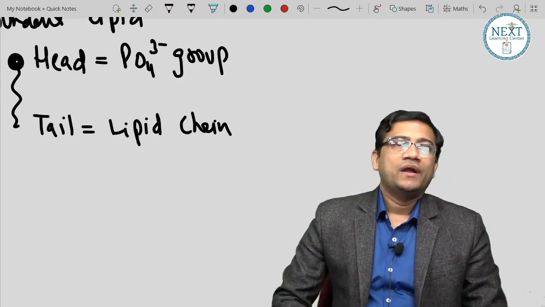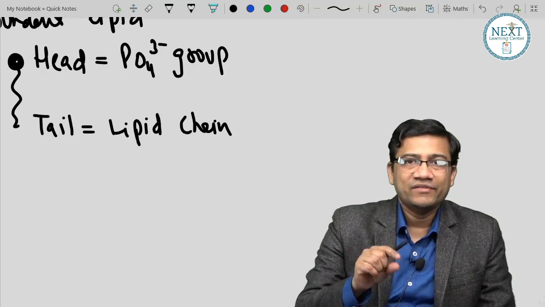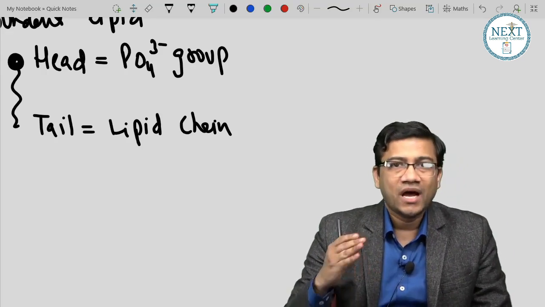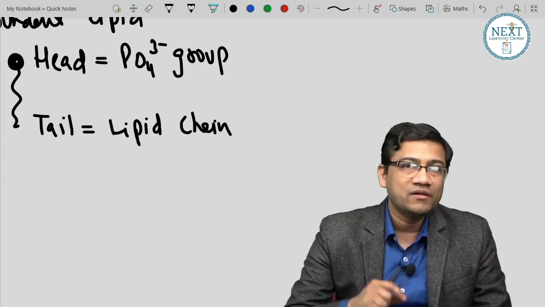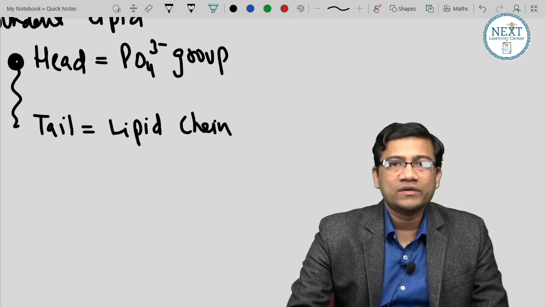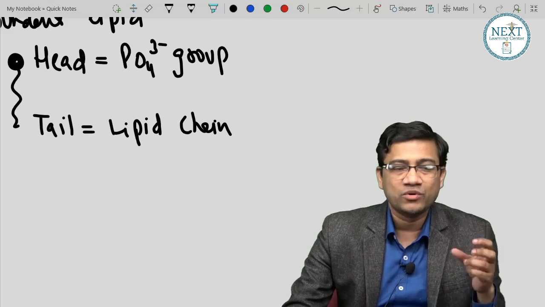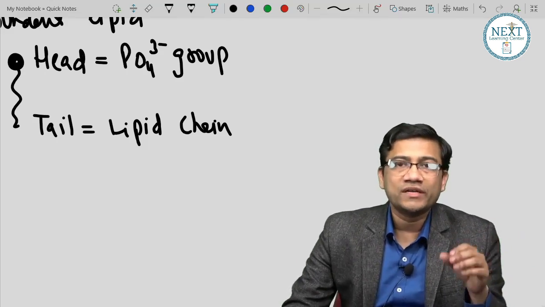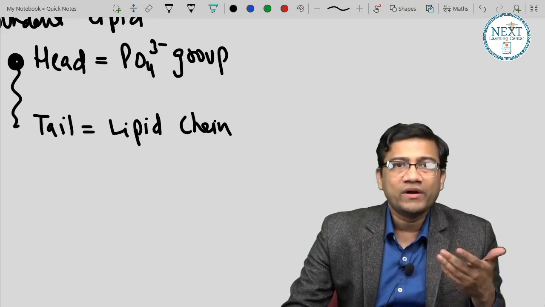Now the important thing to see here is that the head, which has a phosphate group, is a charged body. And you know charges are always attracted to or dissolve better in water. Why? Because water itself is a polar solvent. Actually water is not just H2O, it has an H plus end and an OH minus end. So if water is a polar solvent, what can it do?